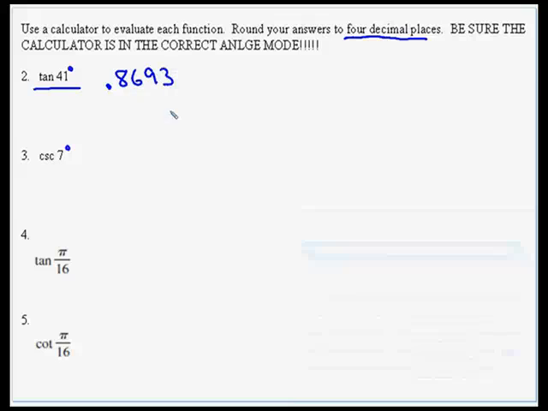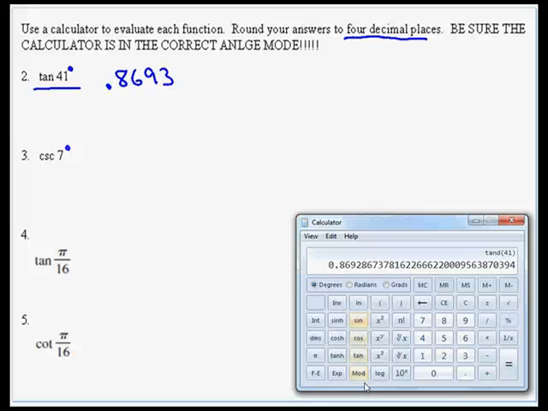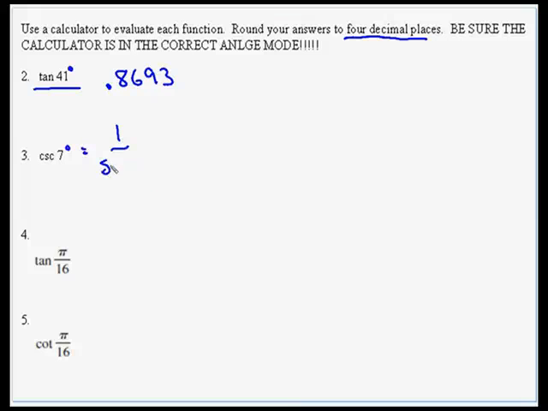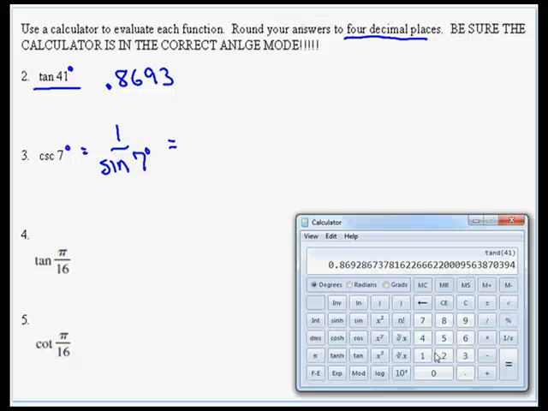Alright, cosecant of 7. There is not a cosecant button on our calculator, but we know that cosecant is 1 over sine. So if we find the sine of 7 degrees and flip it over, we'll have our cosecant. So the sine of 7, we'll hit the sine key. Now we want to flip that over. A calculator should have a 1 over x key or x to the negative 1 key.